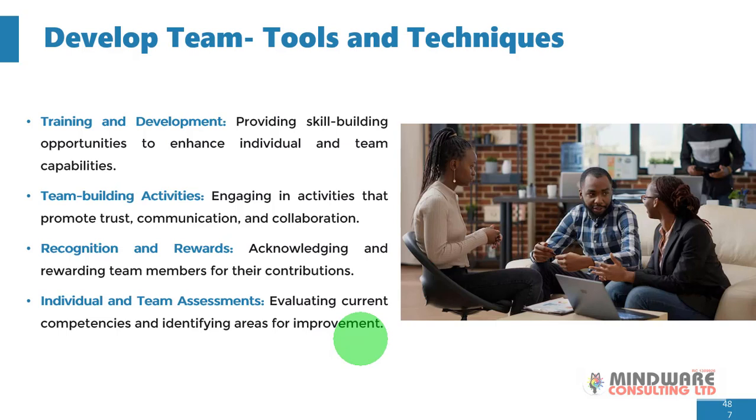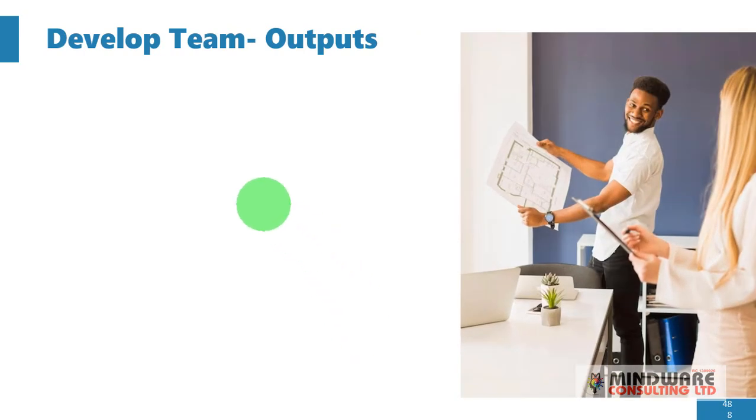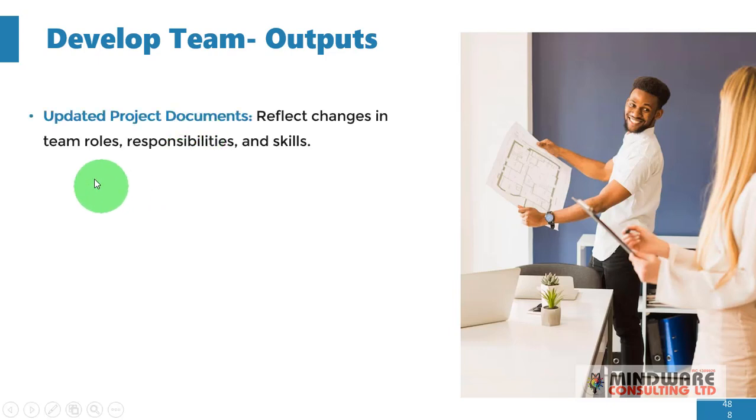All right, so let's move on to the outputs for this sub-process. So what are the outputs to expect from here? So first is the updated project documents.